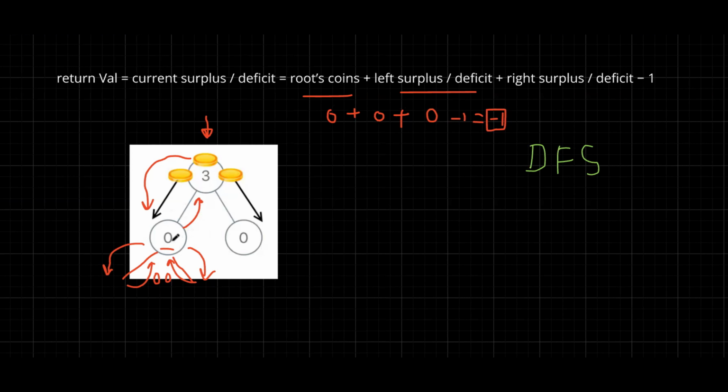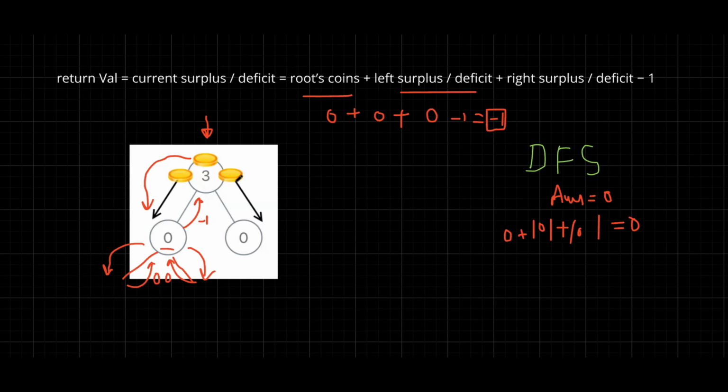So for this, let's take an answer variable and initialize it with 0. Now the answer will be 0 plus absolute of its left value, which is 0, plus absolute of its right value, which is 0. So till now, for this node 0, the answer will be 0, and its return value will be minus 1. That means it has 1 coin deficit, which it has to borrow.